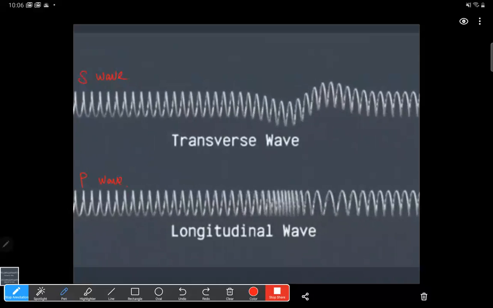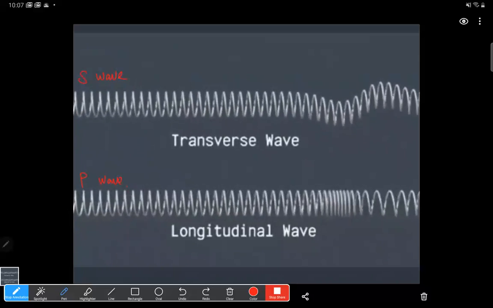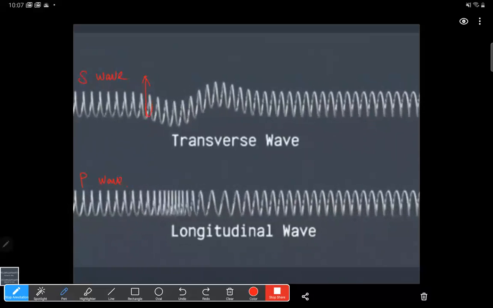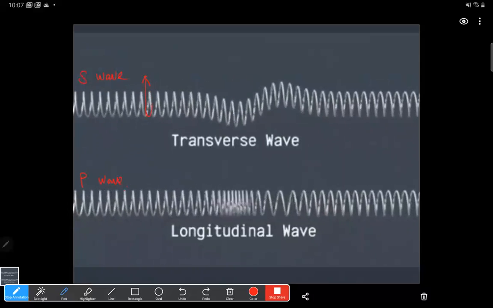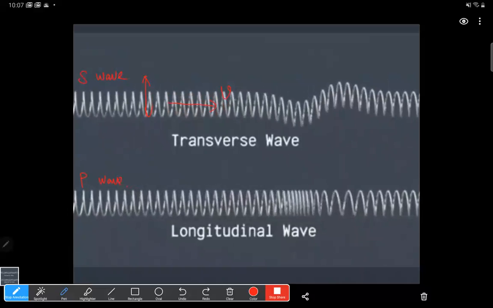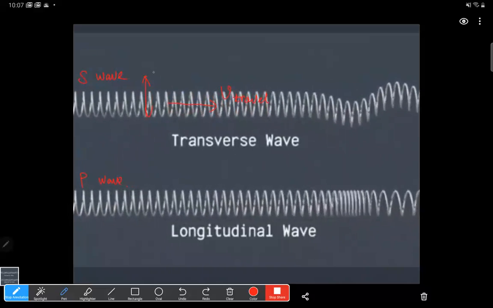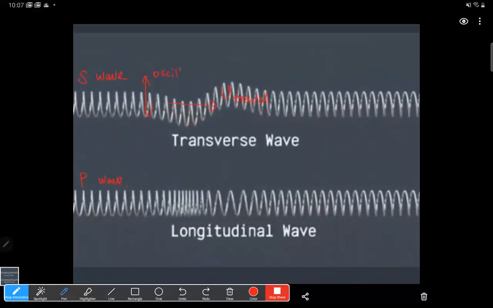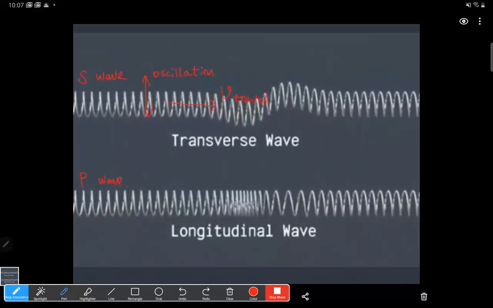You can find the difference is that the transverse wave has oscillation up and down, right? The oscillation goes up and down, and the traveling direction is horizontal. The oscillation is perpendicular to the direction of travel.